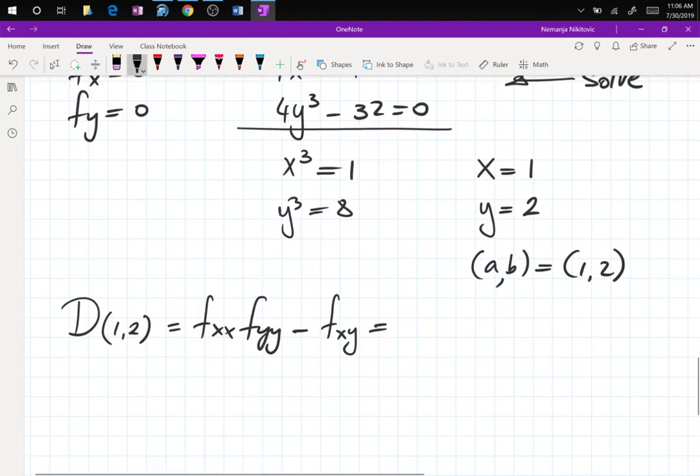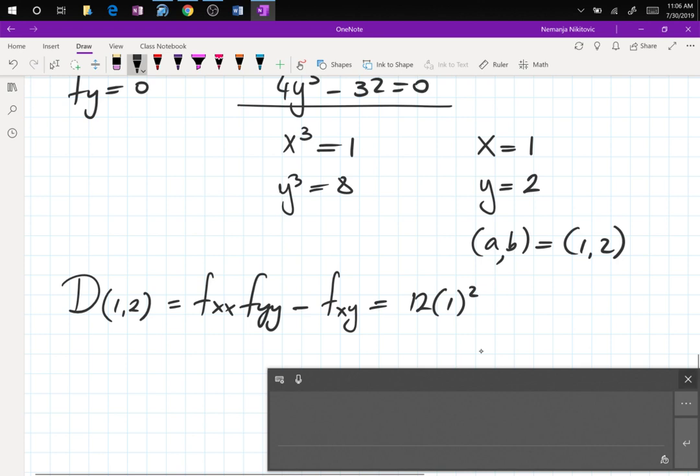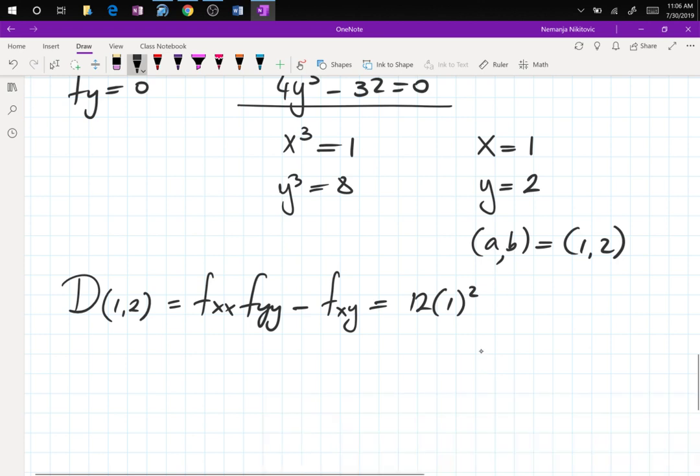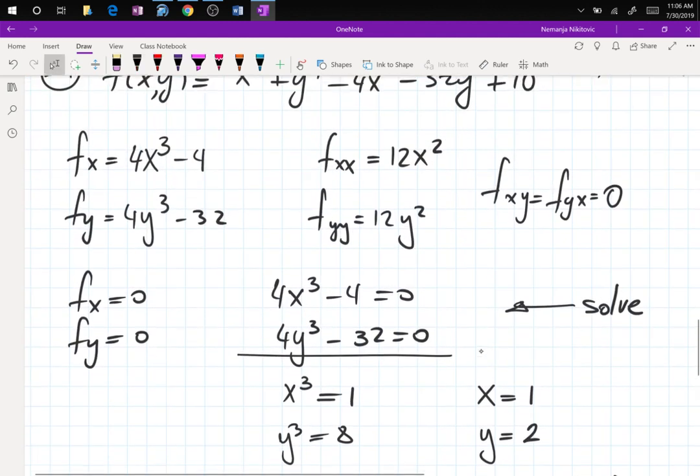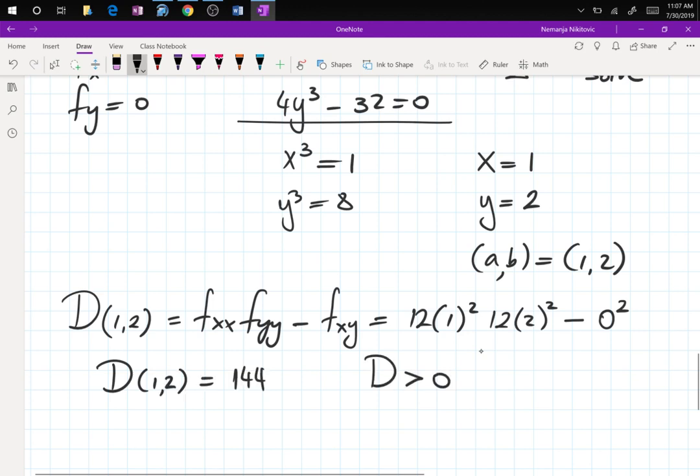So fxx is 12x squared, times 12y squared, because the fyy is 12y squared, minus 0 squared. So D at (1, 2) is larger than 0.